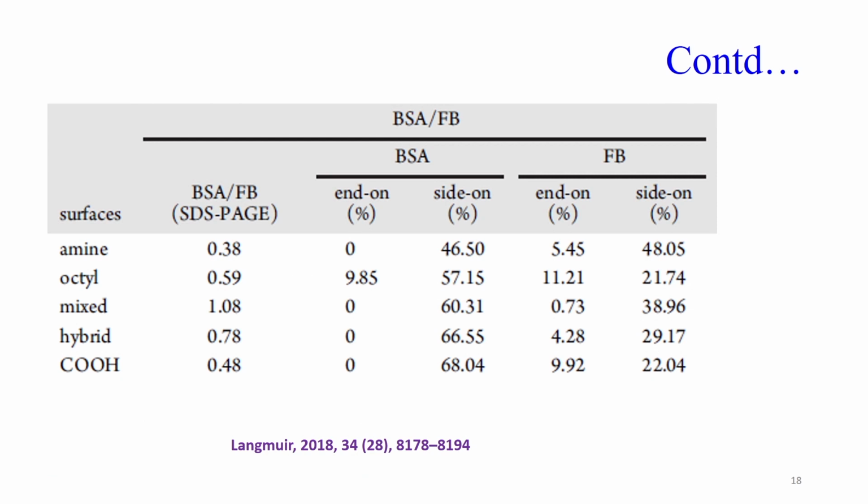We have studied this adsorption behavior of BSA and, let us say, fibrinogen on different surfaces, and here in the competitive adsorption all the end-on orientations are zero, meaning all the end-on orientations have been displaced by the larger protein fibrinogen. Now, again, if you see the octyl surface, octyl is a hydrophobic surface.